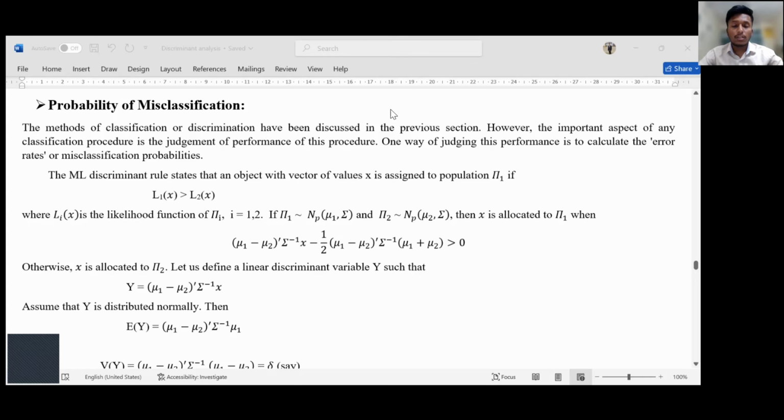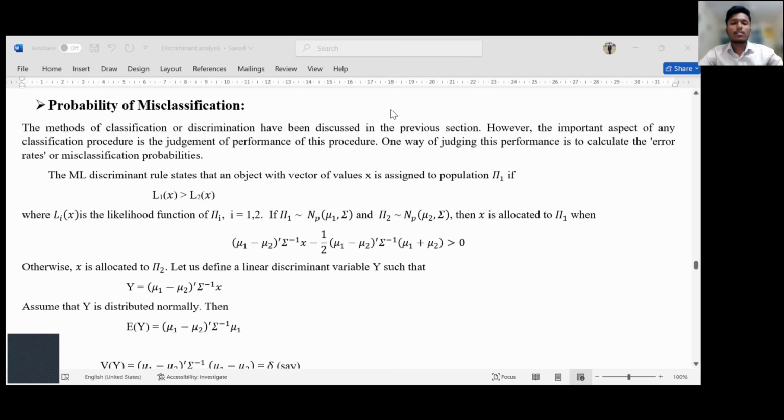If population 1 follows p-variate normal with mean vector mu1 and variance covariance matrix sigma, and population 2 follows p-variate normal with mean vector mu2 and variance covariance matrix sigma, then x is allocated to population 1 when (mu1 - mu2)' sigma inverse x - 1/2 (mu1 - mu2)' sigma inverse (mu1 + mu2) > 0; otherwise the object belongs to population 2.